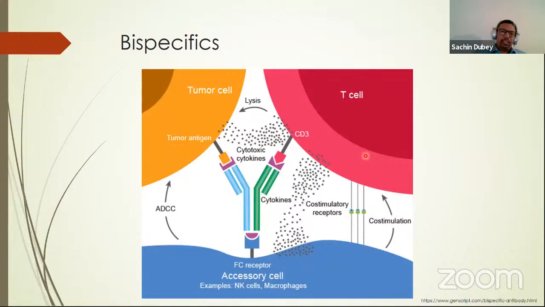And if you see here, this is a depiction of a bispecific, where you have one arm binding to the tumor antigen and another arm binding to the T cells.